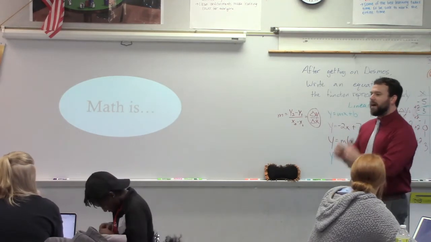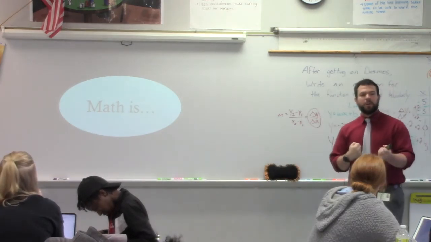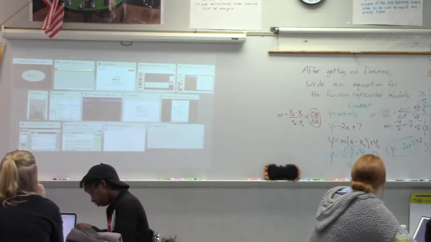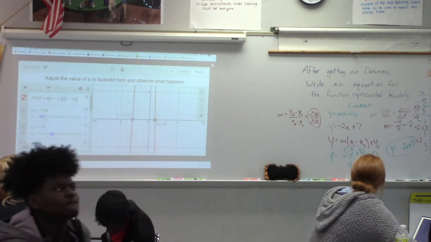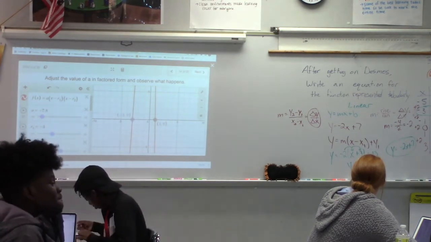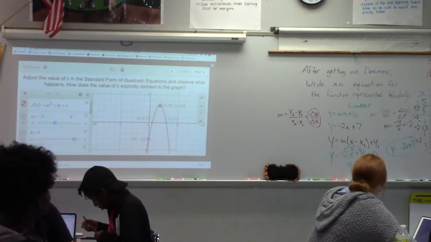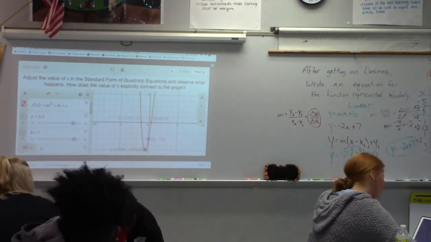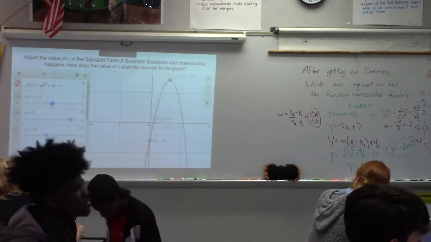So the study of patterns and relationships, we're looking for patterns and relationships as we manipulate the sliders in Desmos, right? So just pulling Desmos up really quickly. This is what we got to yesterday. And so when we were here, we were adjusting the value of A. And what is the big thing we wanted to note when we were adjusting the value of A?